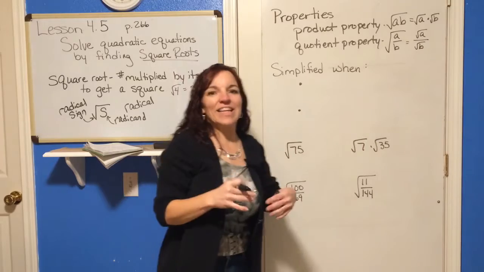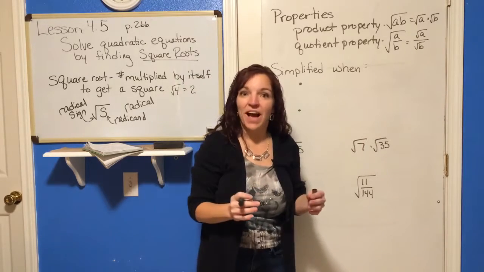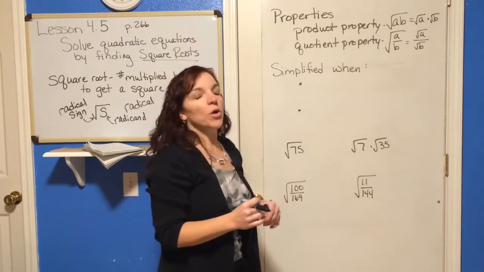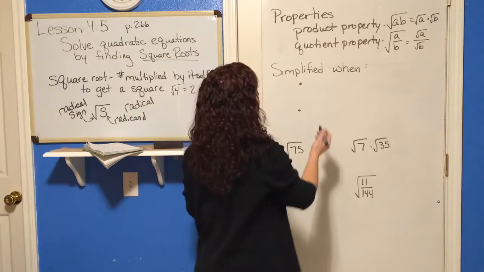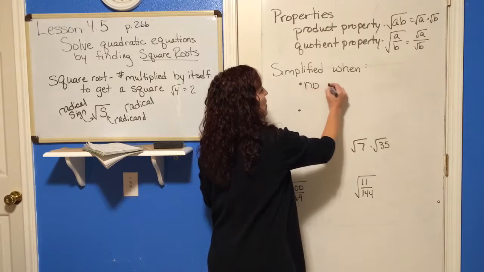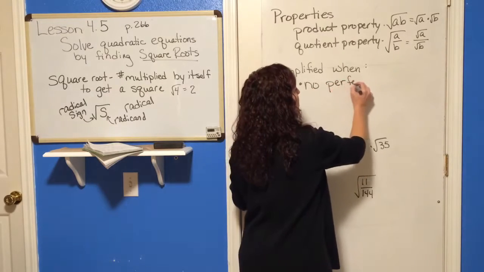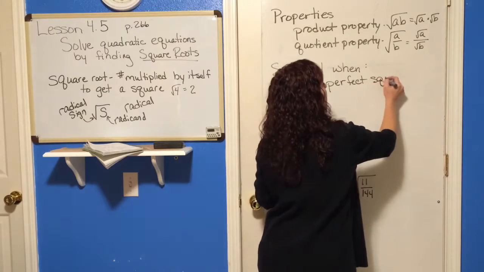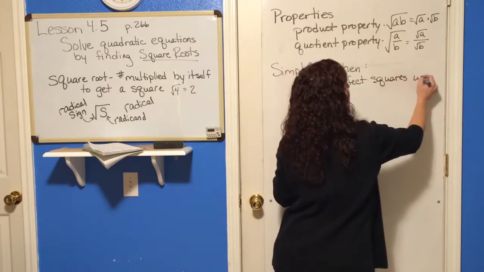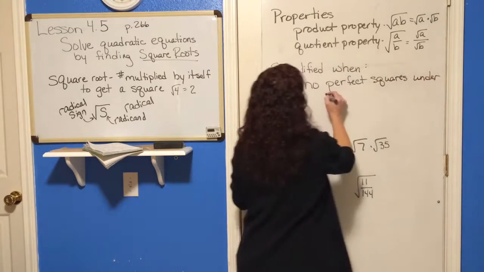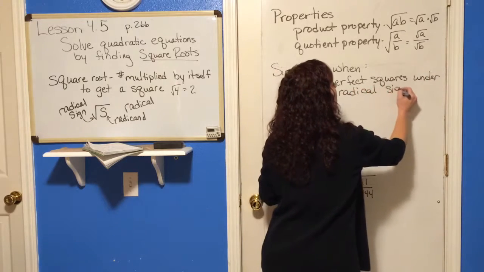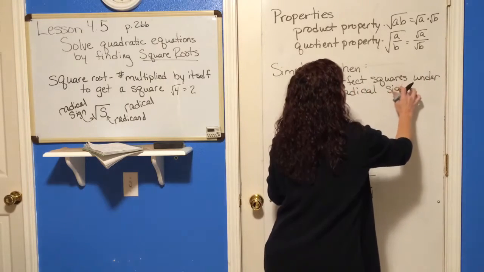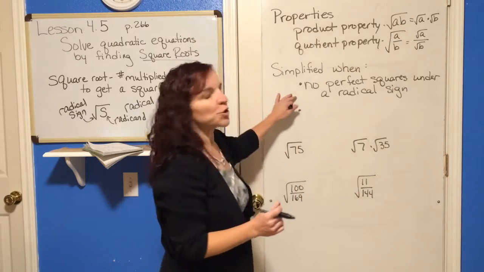As we're going, your final answer needs to, as always, be simplified. You know that a square root answer is simplified if there are no perfect squares under a radical sign. That's your first step.